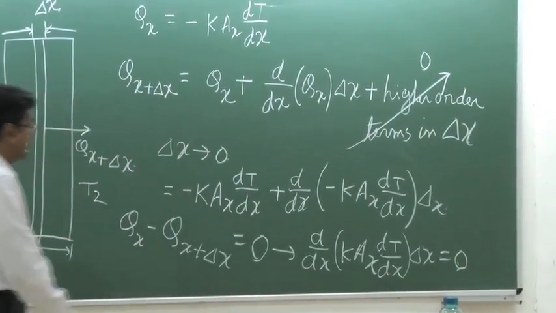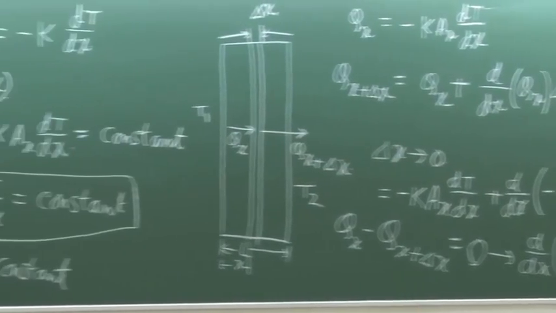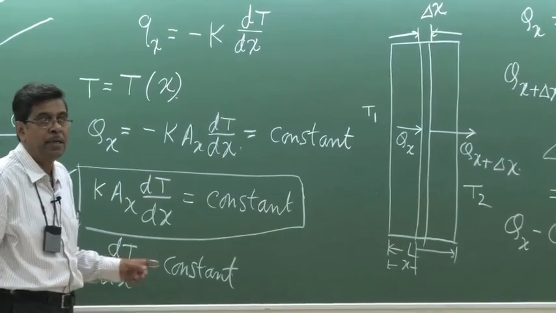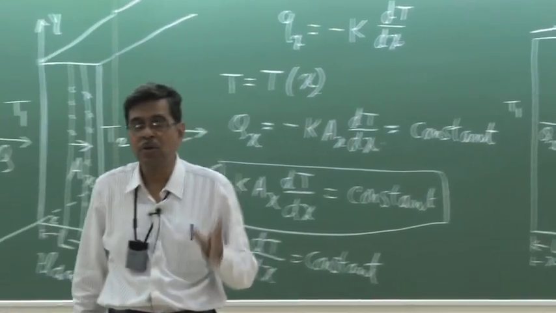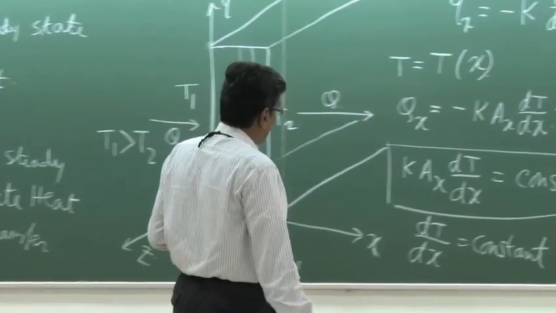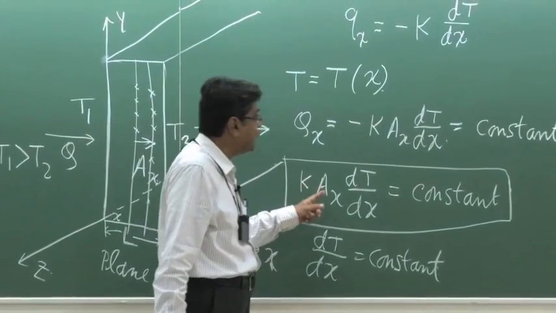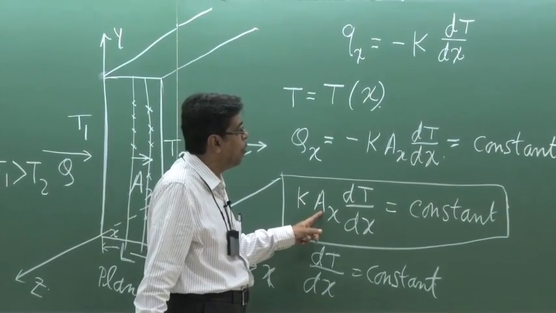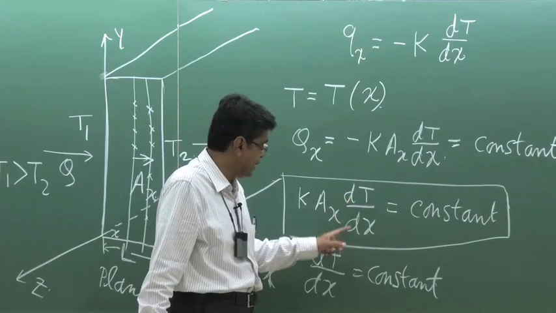Okay. So therefore, the requirement for a steady one-dimensional flow is this, and if Ax is constant, if it is a plane wall, then dT/dx is constant.